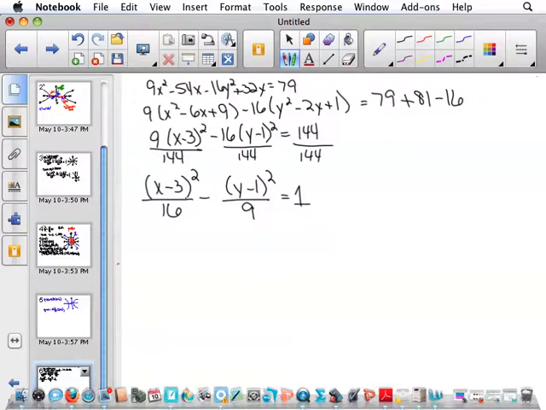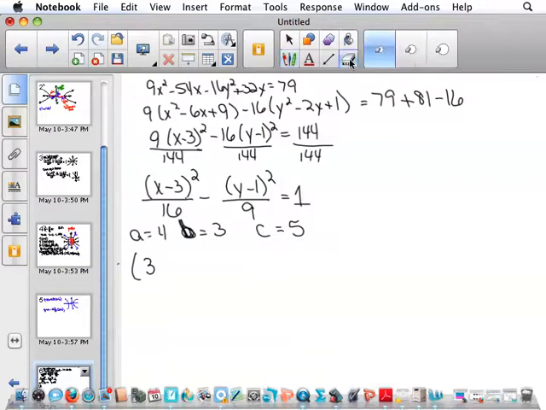From here you can see that your value of A is 4, your value of B is 3, and so then your value of C is going to be 5, because the relationship is now A squared plus B squared equals C squared. Your center is at 3, 1.